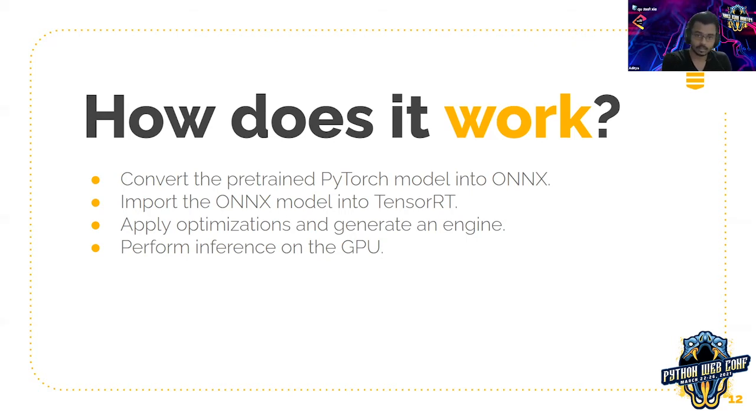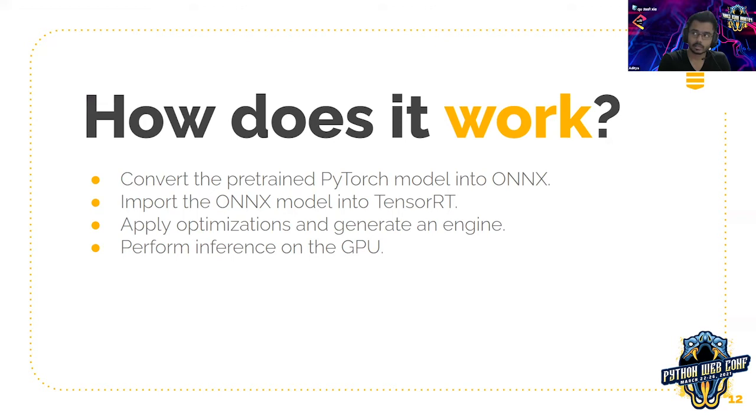If it's in TensorFlow, you can use the UFF parser, or else you can directly use ONNX. And for PyTorch and MXNet, you only have the option of the ONNX parser. So you can convert the PyTorch model to ONNX, and then convert the ONNX model to TensorRT. And these conversions do not reduce the accuracy of the model. I have tested it with multiple models.